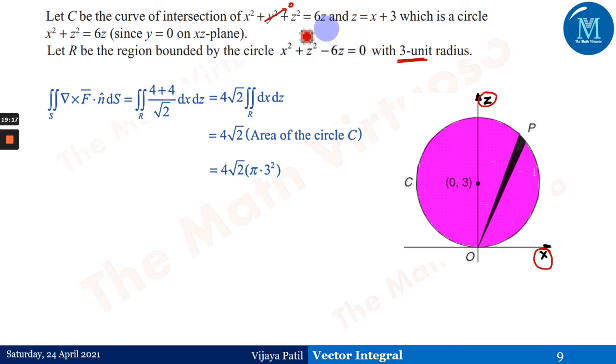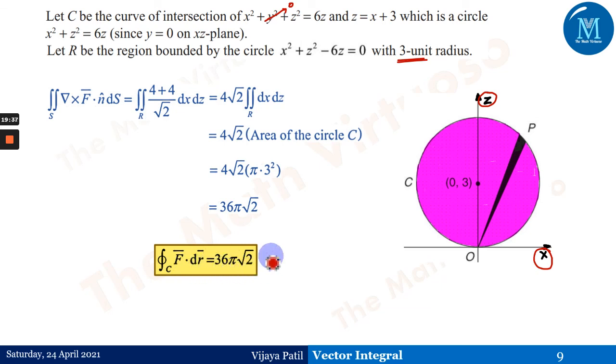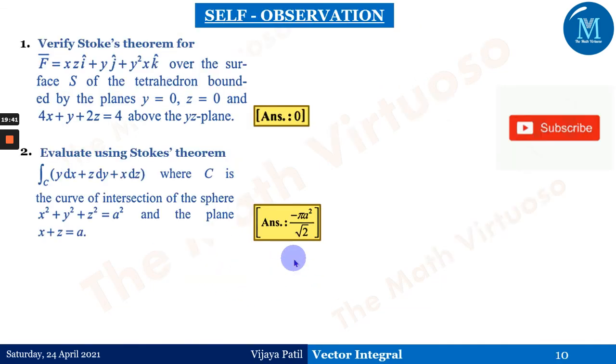You can easily check it with the circle with center at 0 comma 3 and radius 3 unit. So pi r square would give us 36 pi square root of 2, and therefore the integral over the curve C of F bar dot dr bar is 36 pi square root of 2. So the answer for this particular question is this.